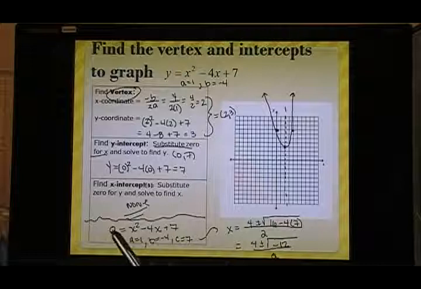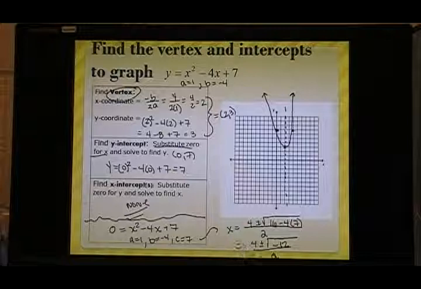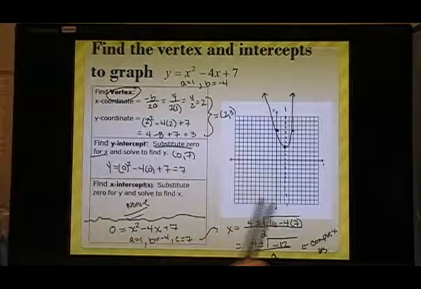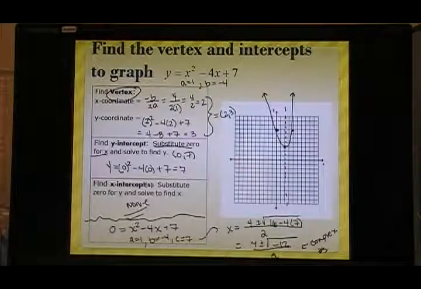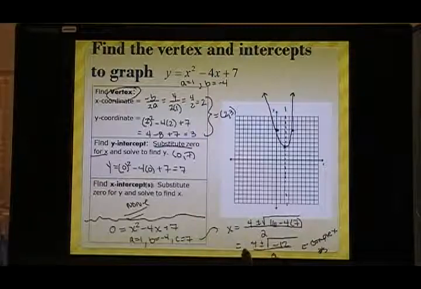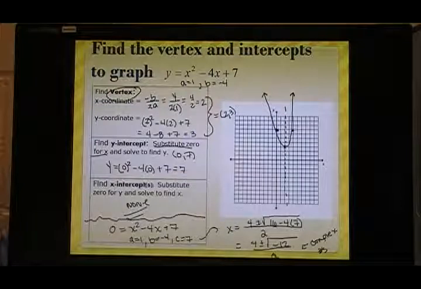So when we substitute 0 for y, the values for x are complex numbers. Okay, these are complex numbers. This, when we're graphing in the real plane. So if you end up getting complex numbers when you're looking for x-intercepts, that means that there are no x-intercepts, that the graph is not going to cross the x-axis.